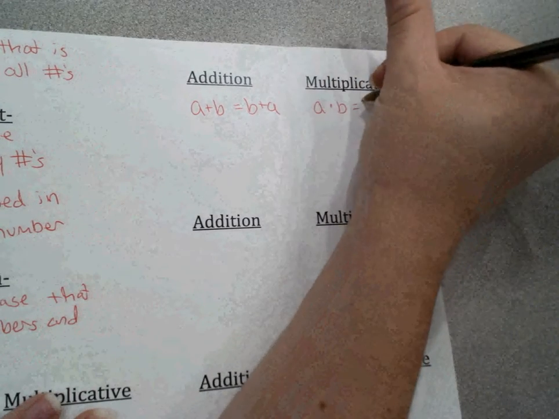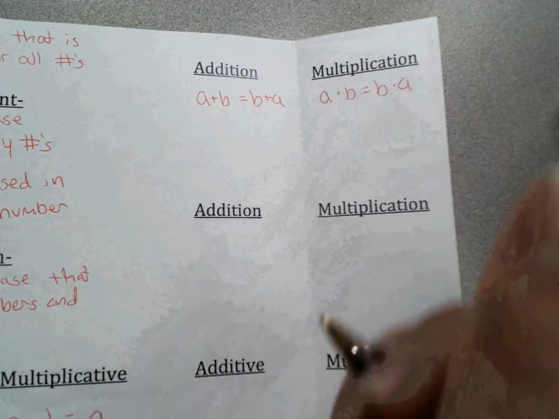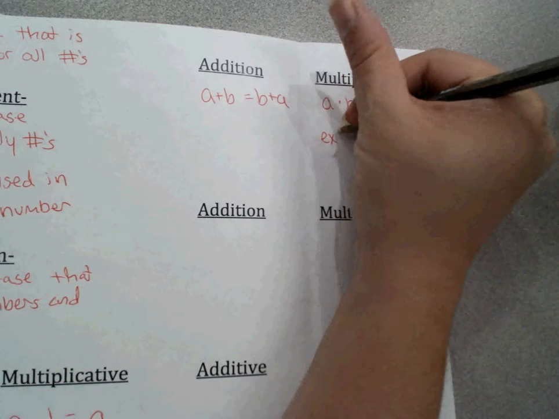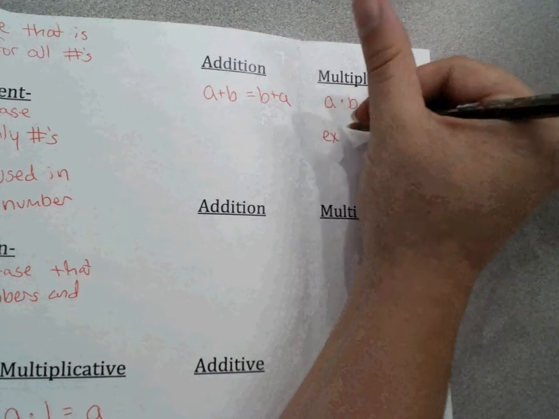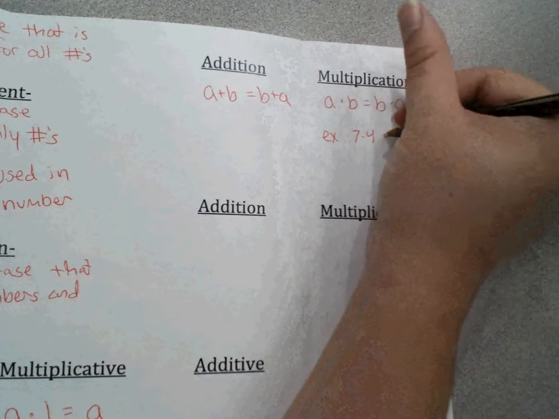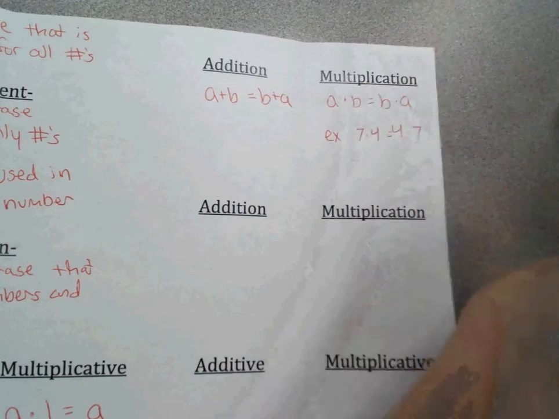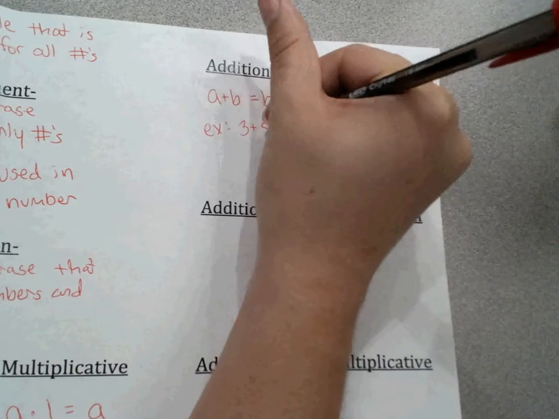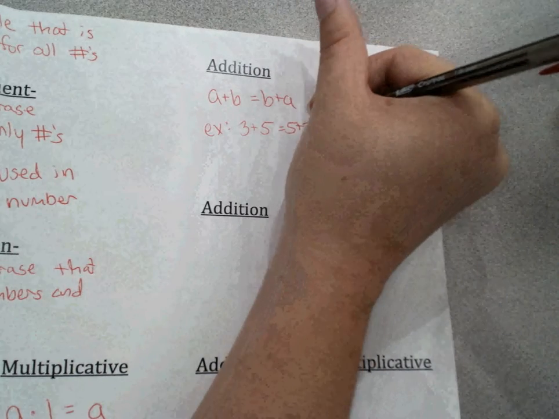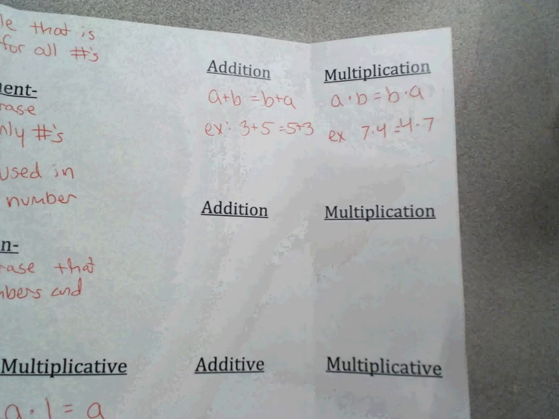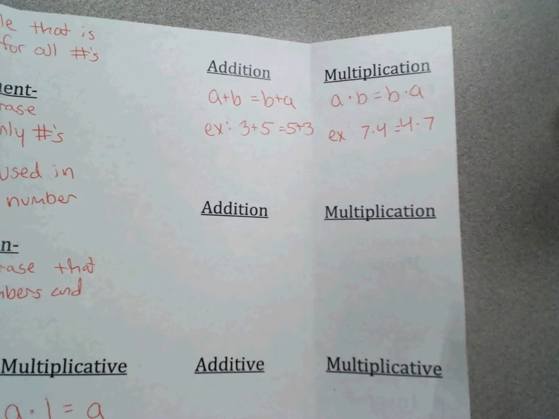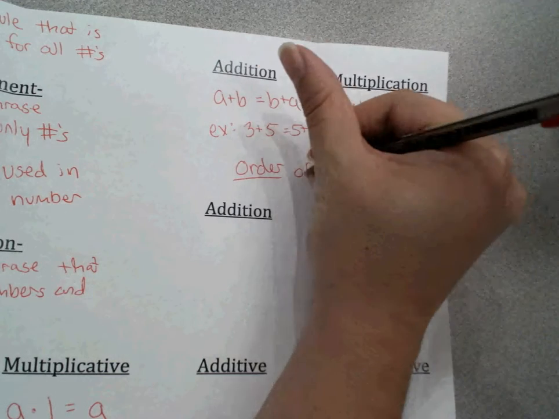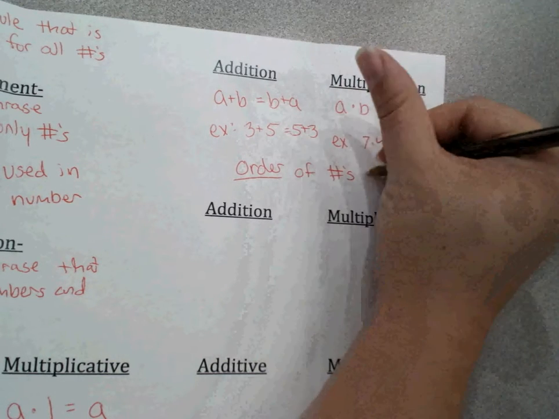A times B equals B times A. So if we want to put an example for each, an example for multiplication, we could say 7 times 4 equals 4 times 7. Or we could say for addition, 3 plus 5 equals 5 plus 3. So the same numbers, just switched. So you can put the order of numbers changes.